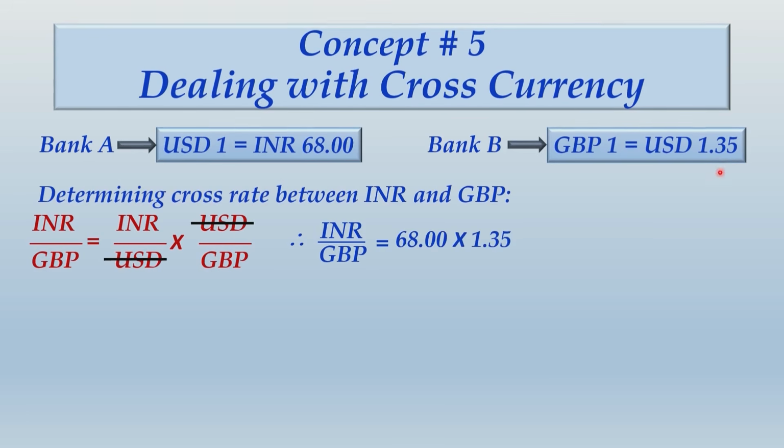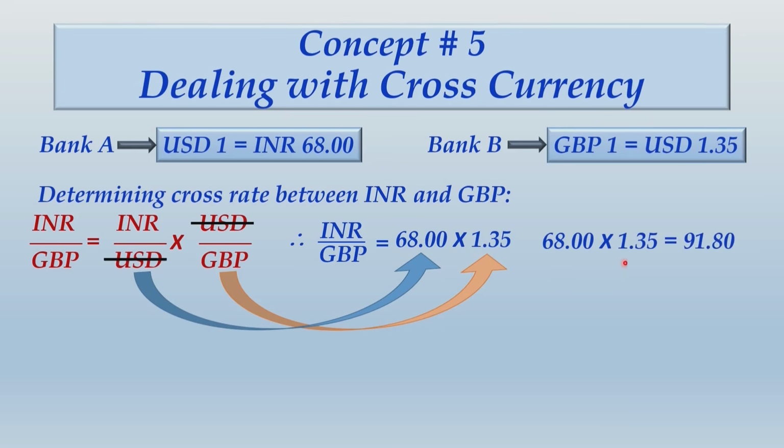So this will be 68 multiplied by 1.35. So 68 is nothing but expression of INR per USD, and this 1.35 is nothing but USD per GBP. So now mathematically, if I multiply 68 and 1.35, use your calculator and check, you must be getting 91.80.